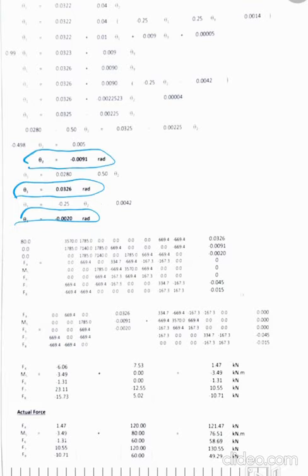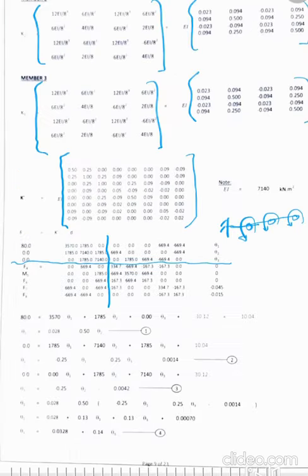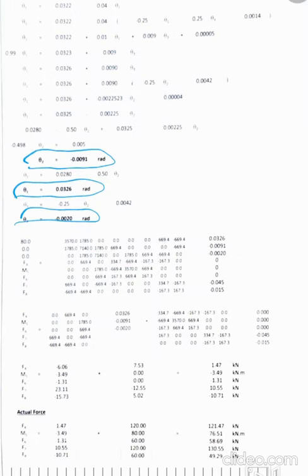Then substitute in the general rule of F. This is the general rule: F equals K times D, and find the unknown moment and unknown force. Same part, just divide your matrix and find it.